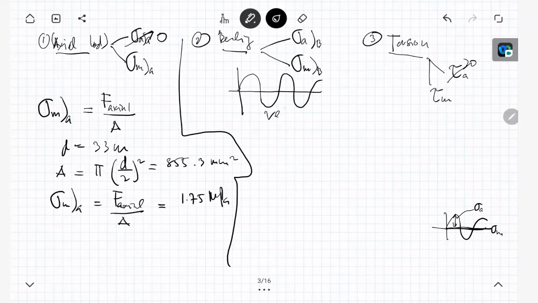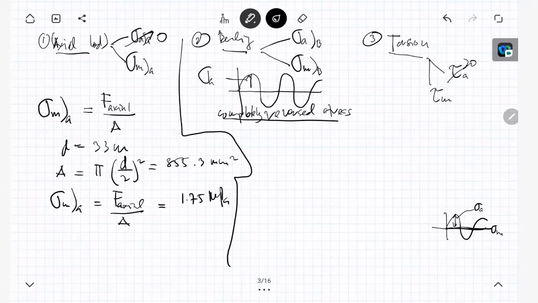Okay, fully reversed or completely reversed stress. Completely reversed stress. So it has the alternating, but mean is in the middle. So mean is 0. Mean is equal to 0.